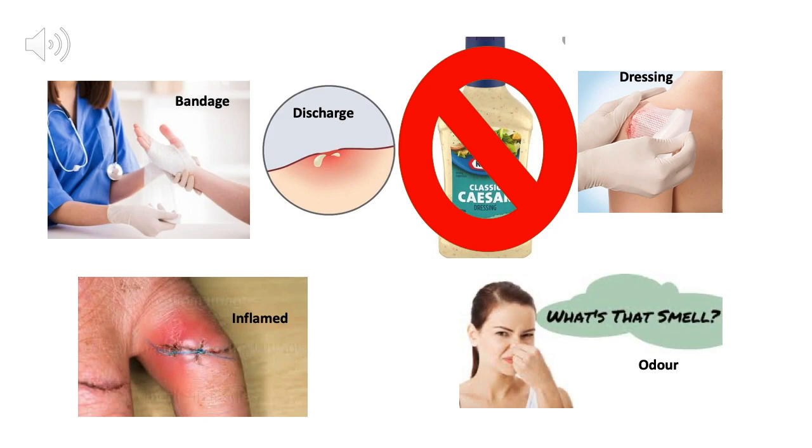And the last picture, we have the term odor. Odor refers to a smell, okay? And usually it's not a very pleasant smell. And in this case, we would use the word odor to describe an unpleasant or a bad smell of a wound that would usually indicate that that wound has been infected.